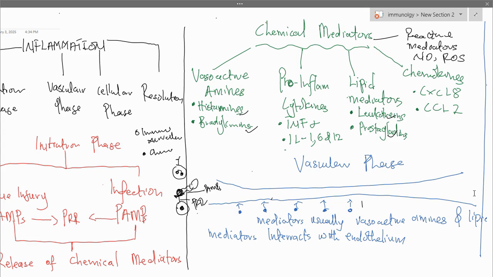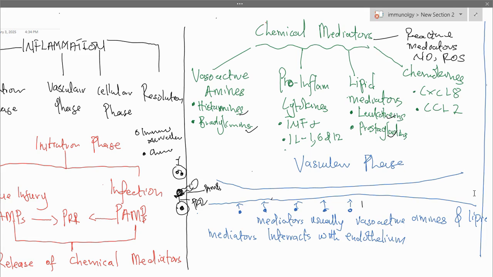So these chemical mediators trigger the remaining process of the inflammation, which is the vascular phase and the cellular phase. And this is what happens in the vascular phase, as we discussed in our previous lecture. These mediators, especially the vasoactive amines, the reactive mediators and the lipid mediators, are mostly the chemical mediators that affect the vascular phase.